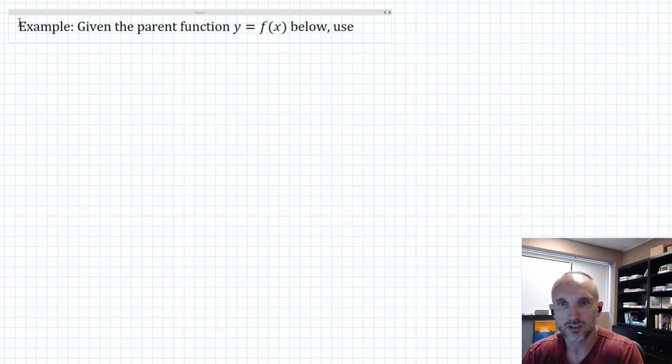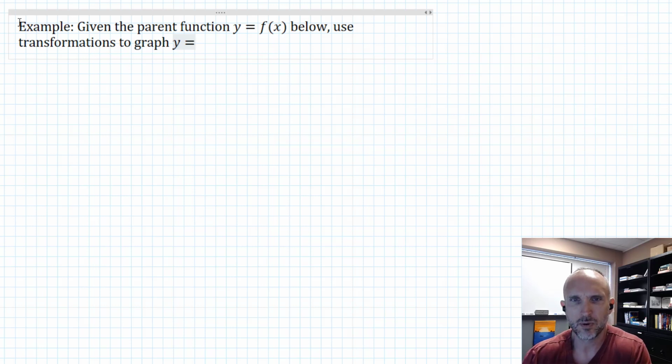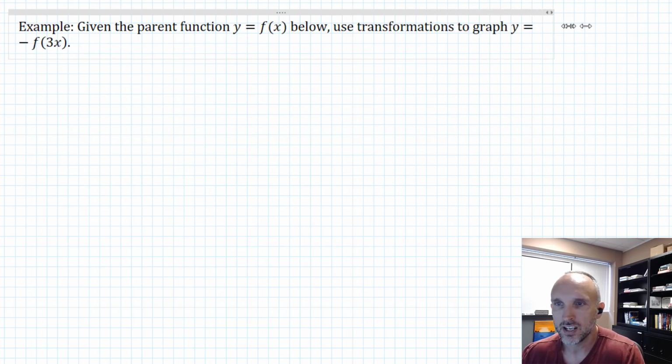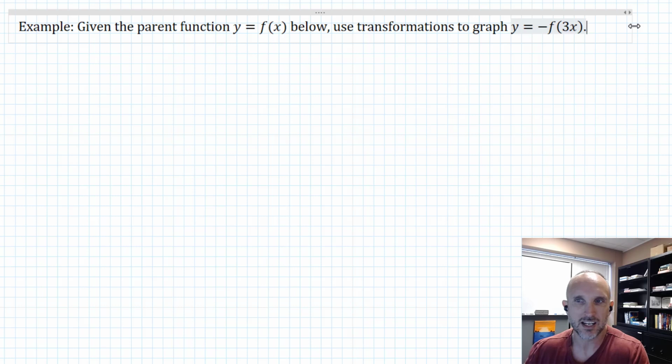Below, use transformations to graph y equals, how about -f of 3x.